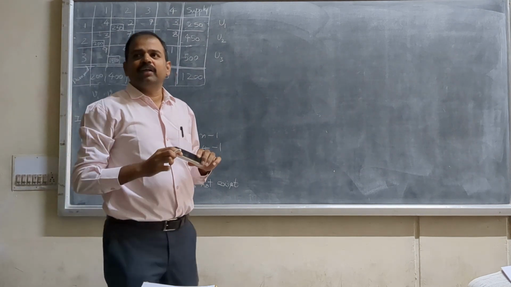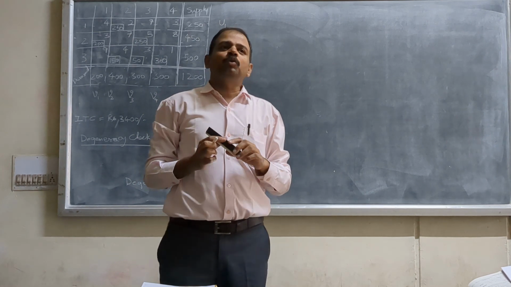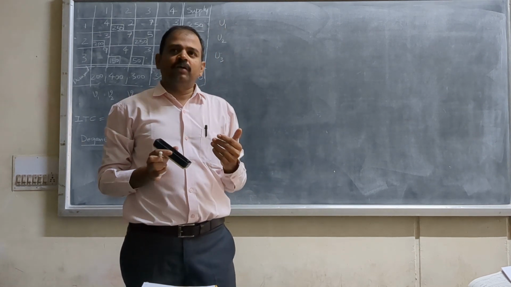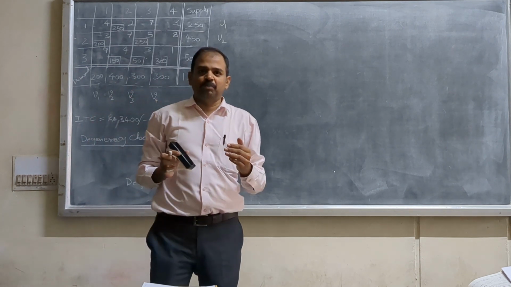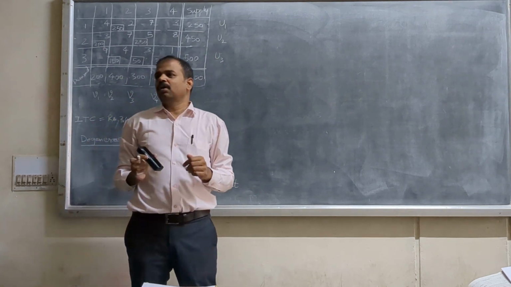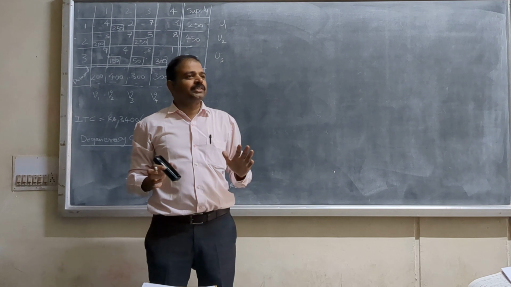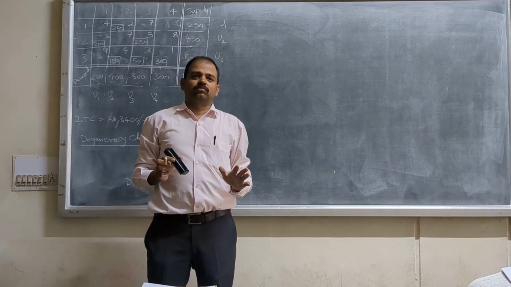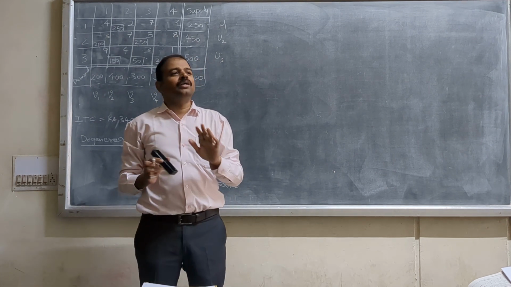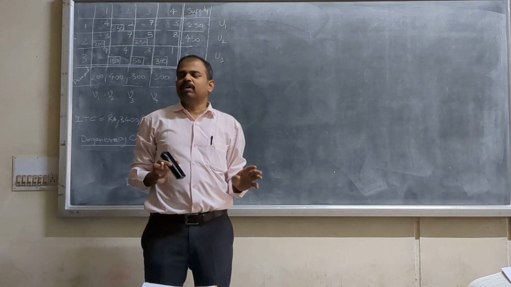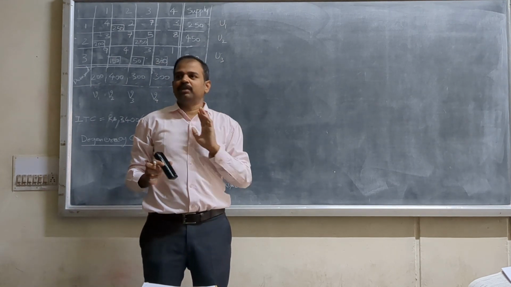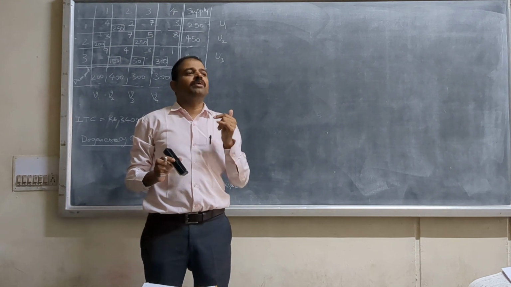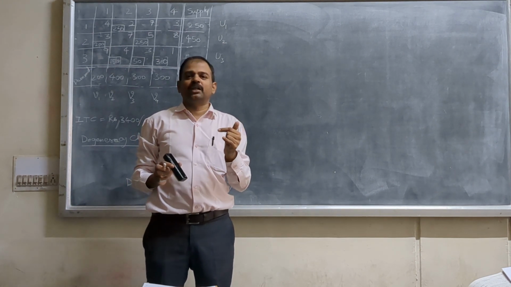I suggest that to begin the MODI method or UV method, you always have to assume one of the variables among the U's or among the V's as equal to 0. If you don't do that, you can't solve this problem. But there is a trick to identify which of these variables we can assume to be 0.